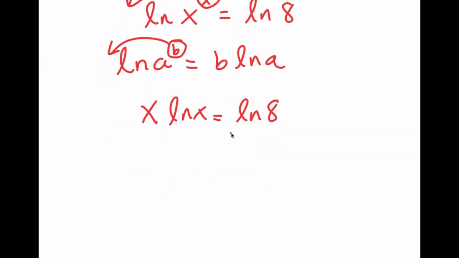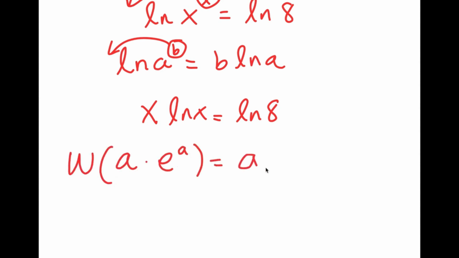Now from here, I'm going to use another formula that states that if I have something in the form w of a times e to the power of a, this is equal to a. And this is something known as the W-Lambert formula. So if I take the w of something in the form a times e to the power of a, it's going to equal a.